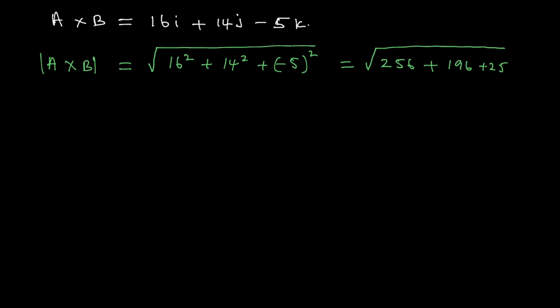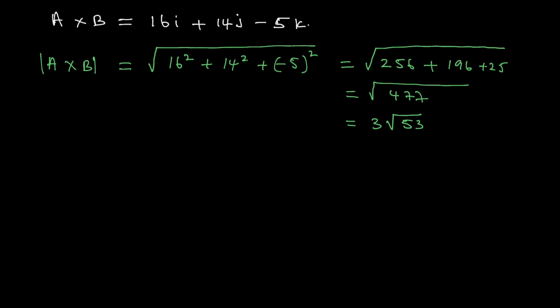That together gives you the square root of 477. And the square root of 477 can actually be simplified to 3 root 53. So that's the modulus of A cross B.